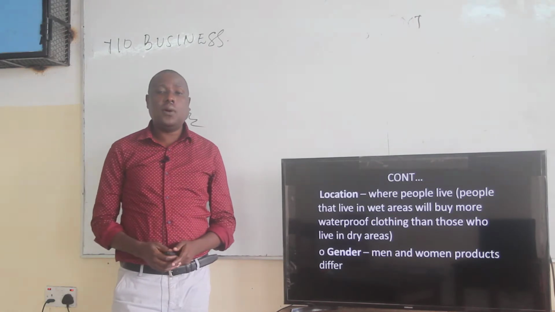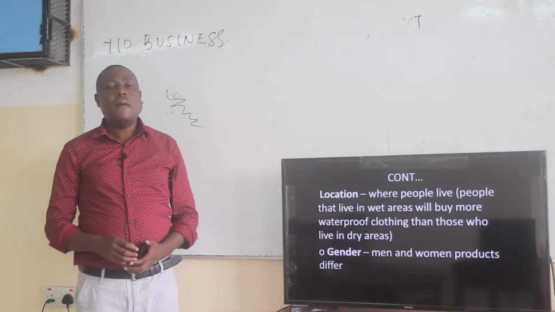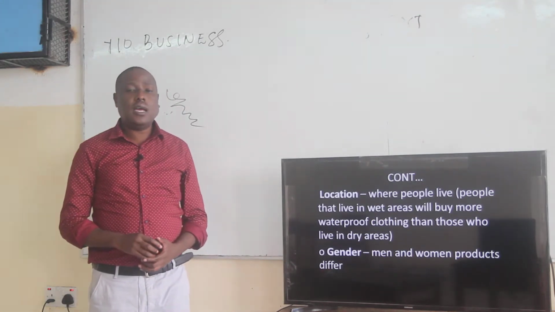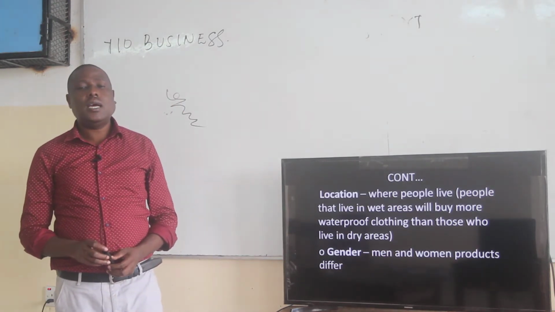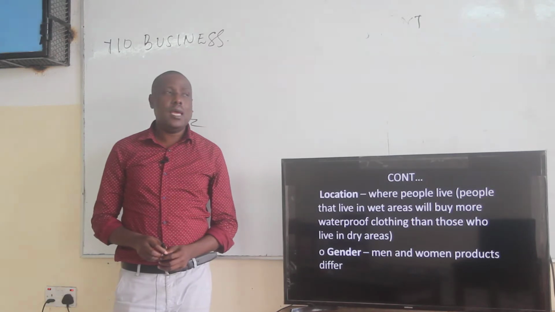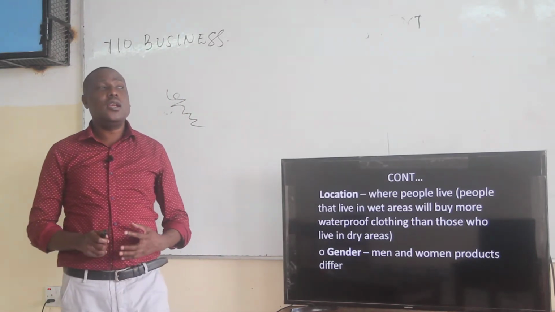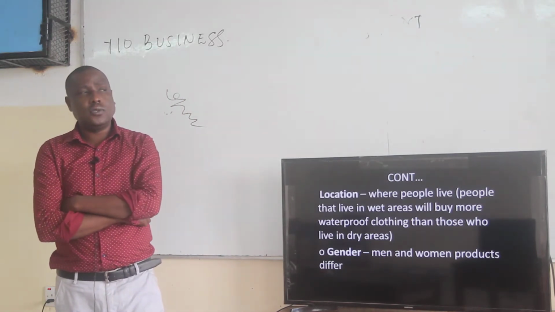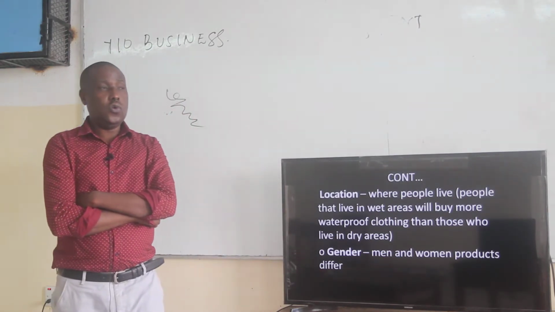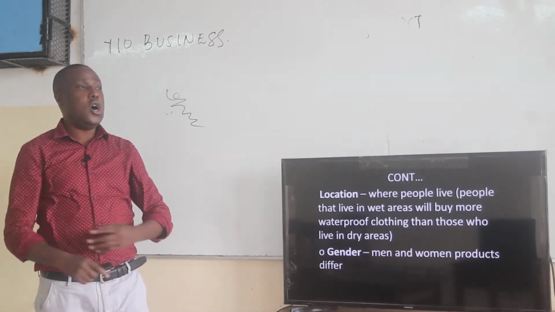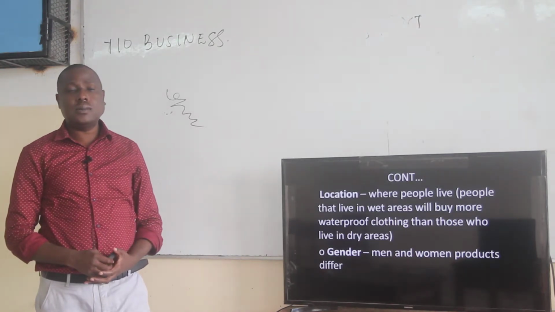This is where people live, right? People that live in wet areas will buy more waterproof clothing than those who live in dry areas. So again, you are looking at the locations. The people you are supplying come from snowy areas, right?